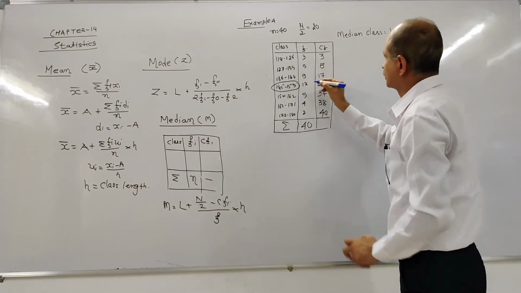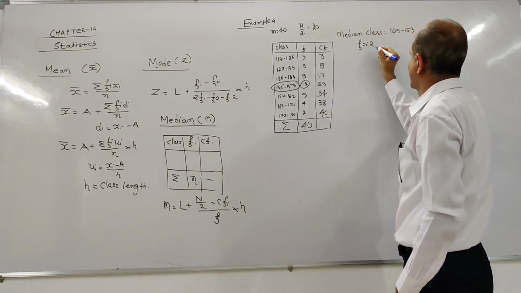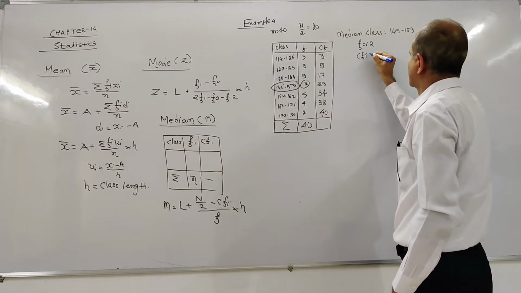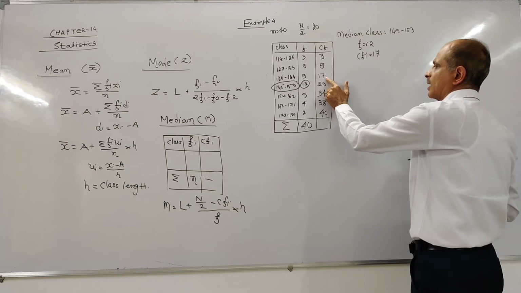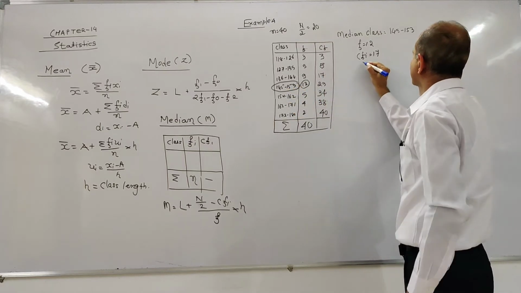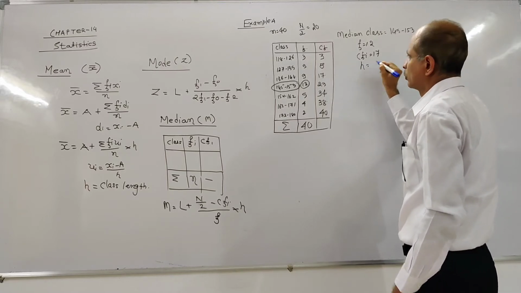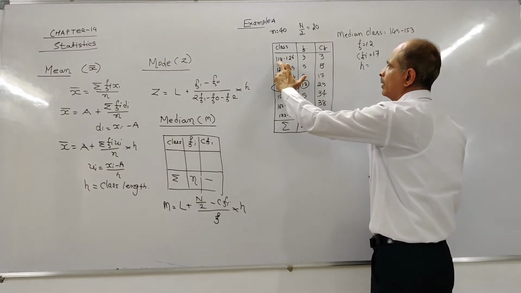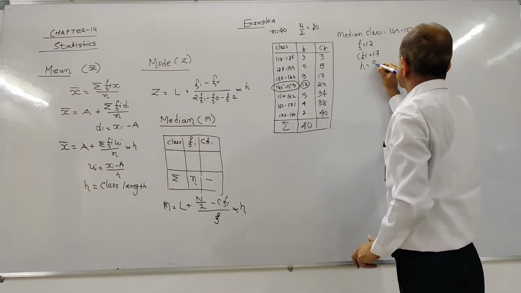The frequency of this class, that is f, is equal to 12. CFI is equal to the cumulative frequency of the previous class of the median class, that is 17, and H is equal to 118 to 126, means H is equal to 8.